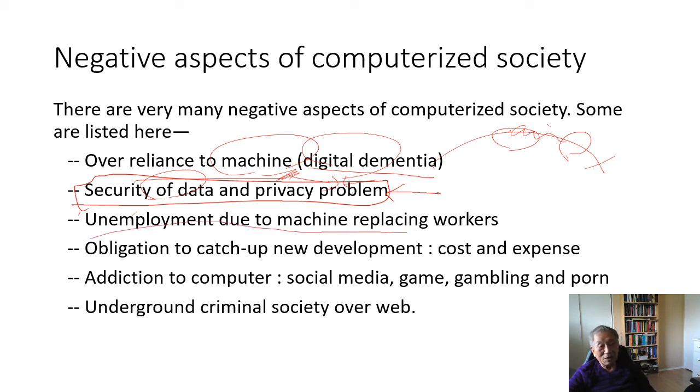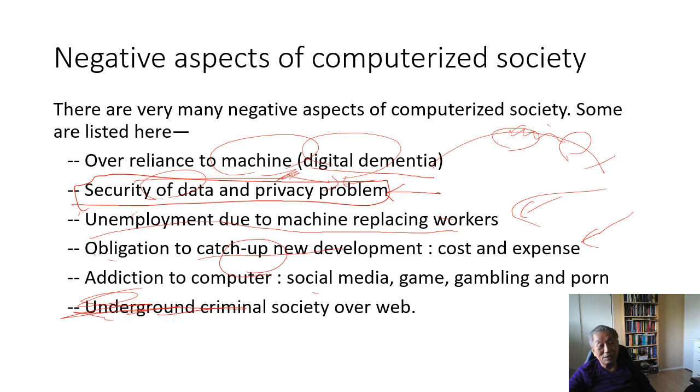Then we've got job issues. I'm sure many of you are worried about your job, so we'll think about that. There are some other issues as well. Then the obligation to catch up. Things keep changing, so you've got to catch up. That's a cost and expense and some kind of anxiety. Then addiction. That's another big one, especially for the young generation.